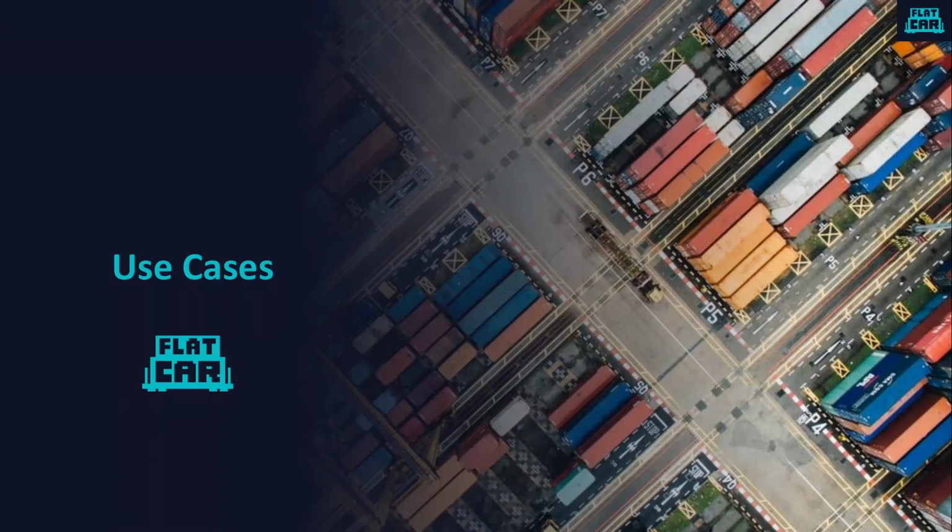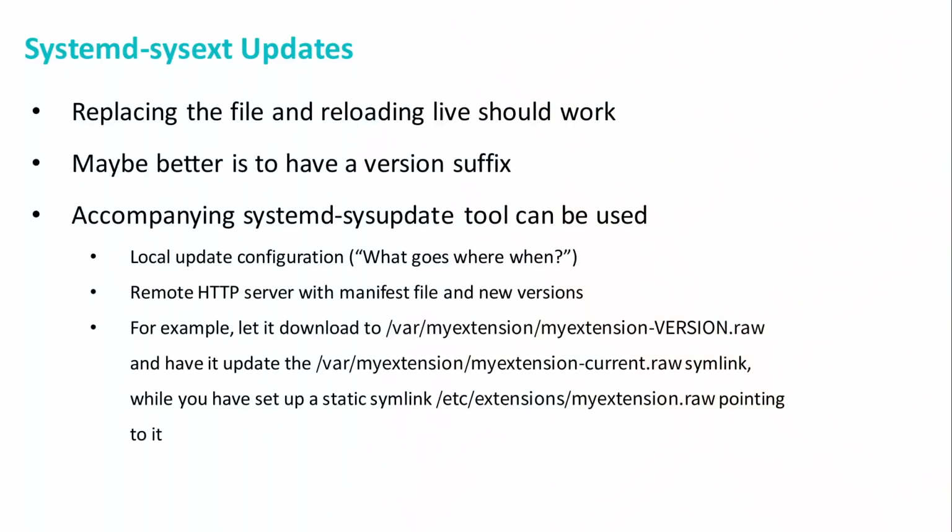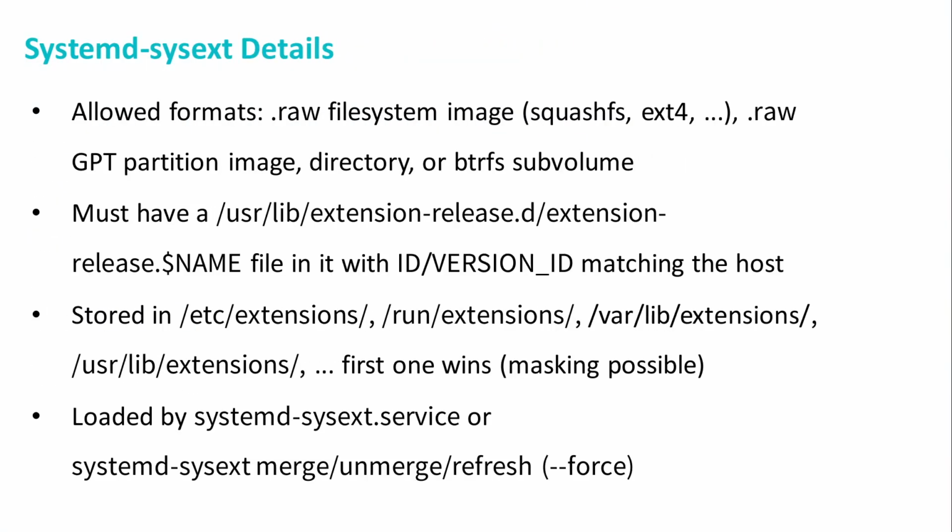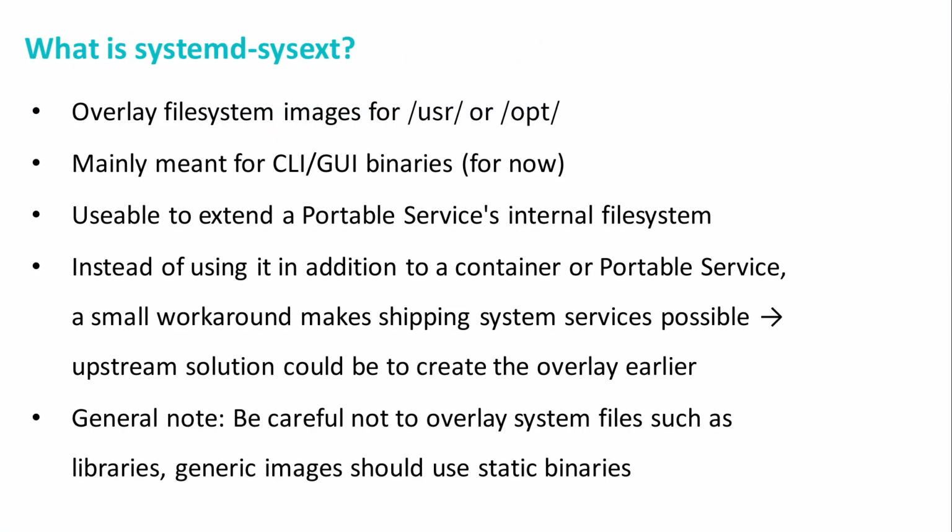Yeah, use cases. But maybe going back a bit, I talked about overlay mounts, it's on top of /usr and /opt, so it's not on /etc. So any files you expect to have in /etc need to be somehow brought in differently. And I think you shouldn't really create them dynamically, but rather look for solutions to do it in a declarative way from /usr/lib.